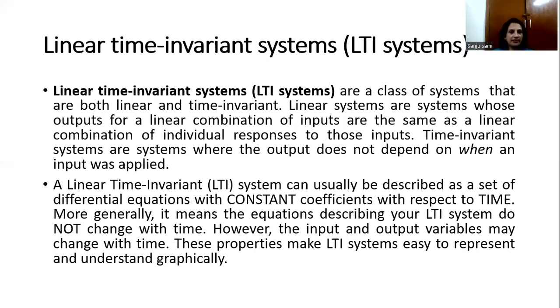Time invariant systems are those systems whose parameters are not changing with time. Like in case we are having a RLC network and it is used in the same environment today and tomorrow, it will give the same readings because it's a time invariant system whose parameters are not changing with respect to the time.